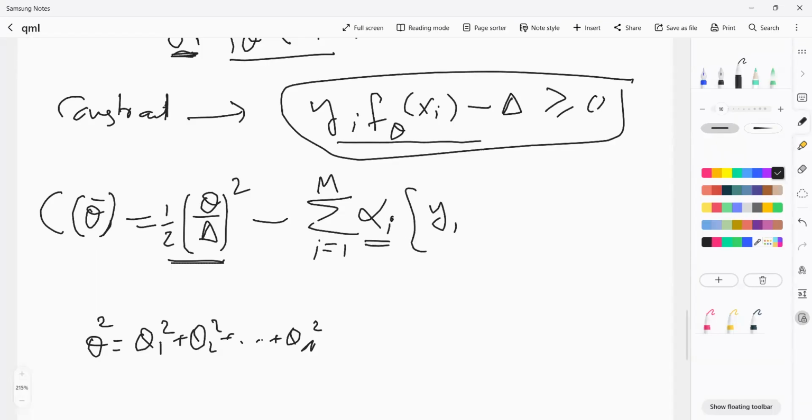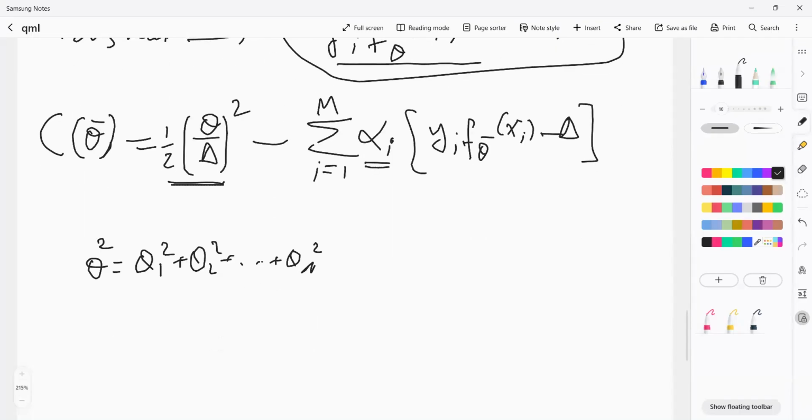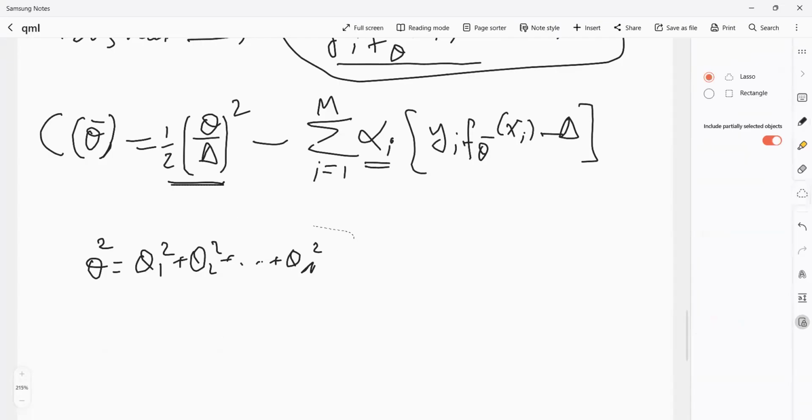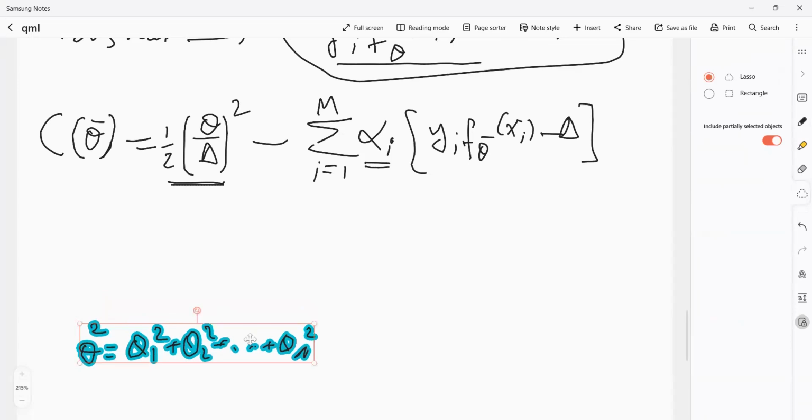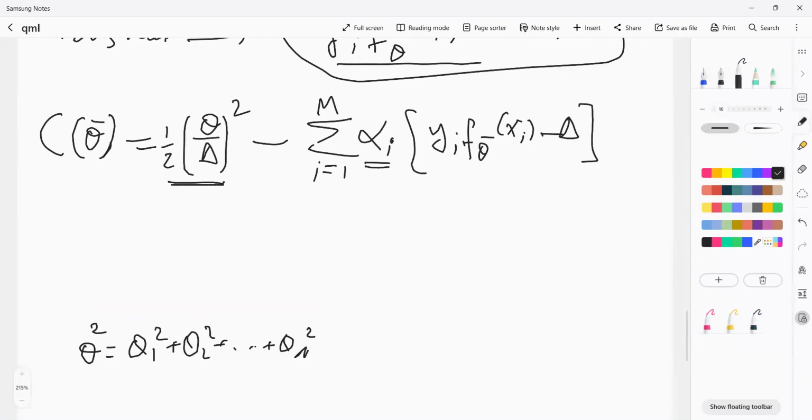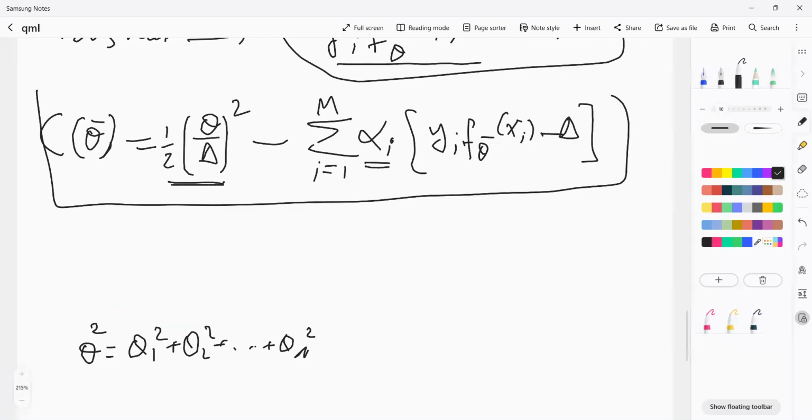So this goes in here like this. So this is the function that we have to now minimize. Okay, so this is the main cost function.